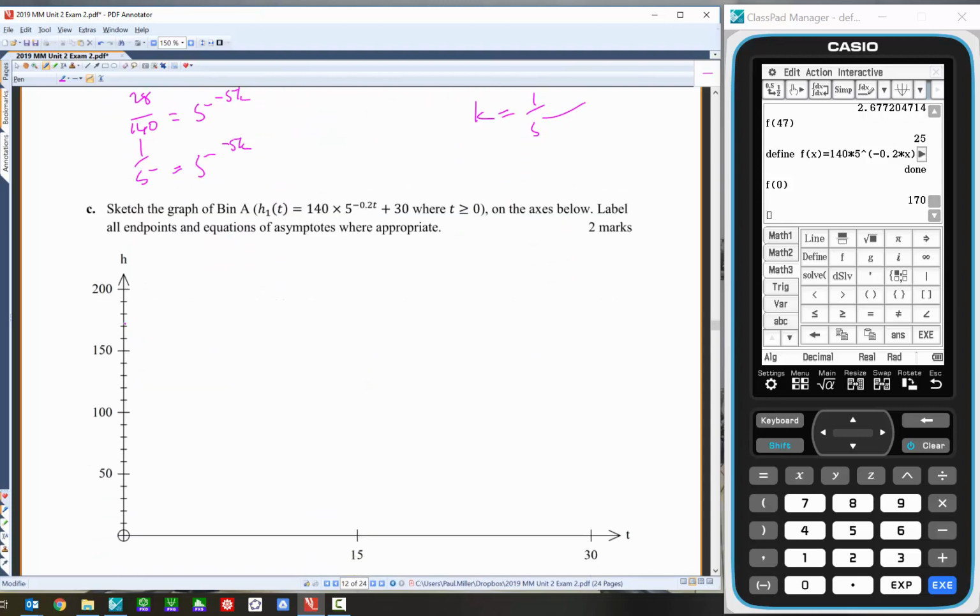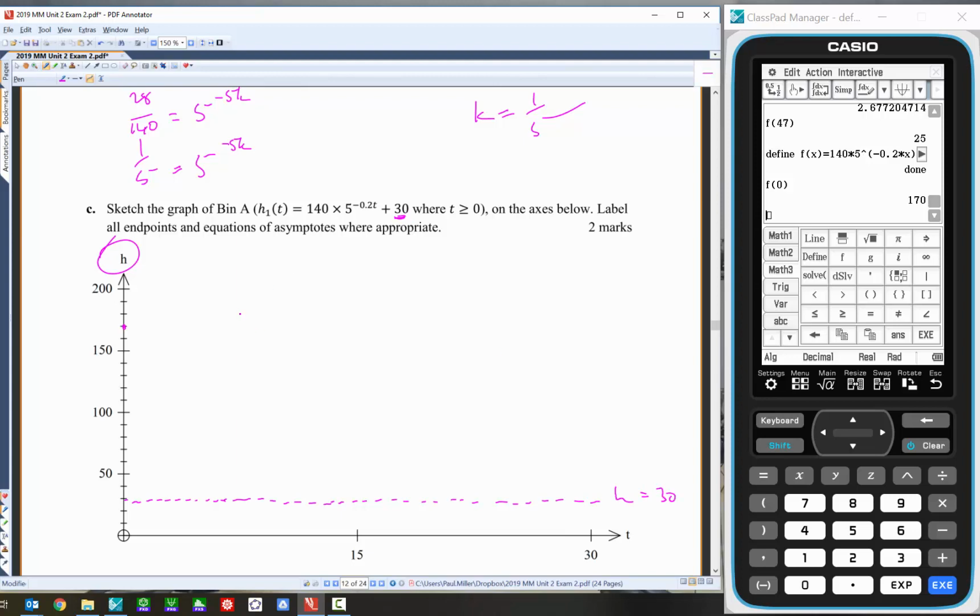So it's 170, asymptotic behavior at 30. It's going to be hard for me to do on this thing here. So you need to just grab your ruler at this point and make sure that our variable is h, so it's h equals 30, the asymptote.